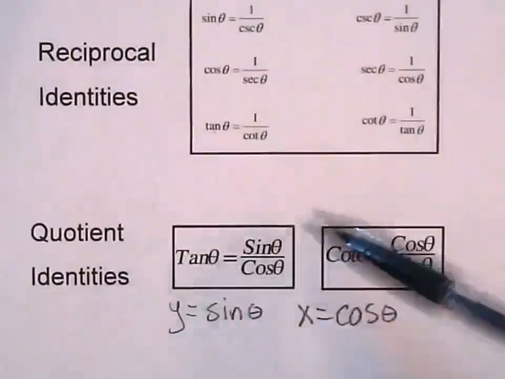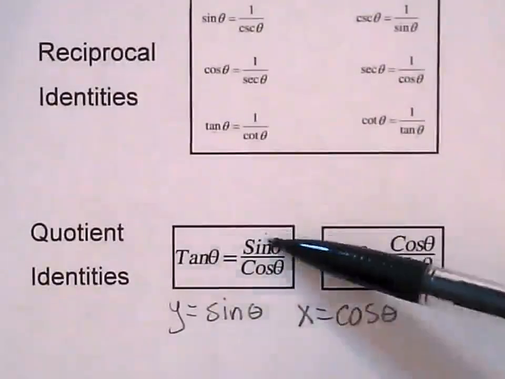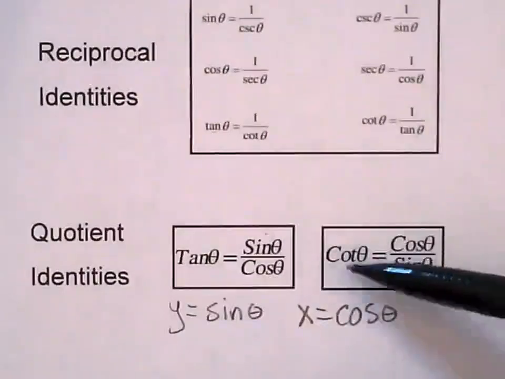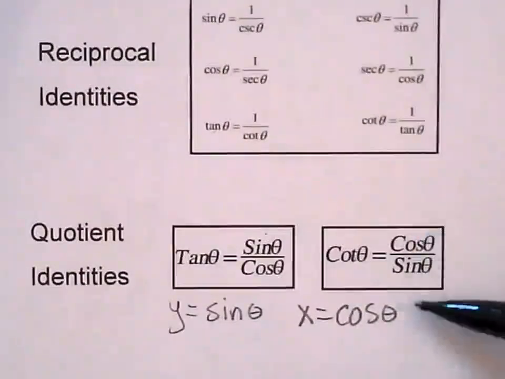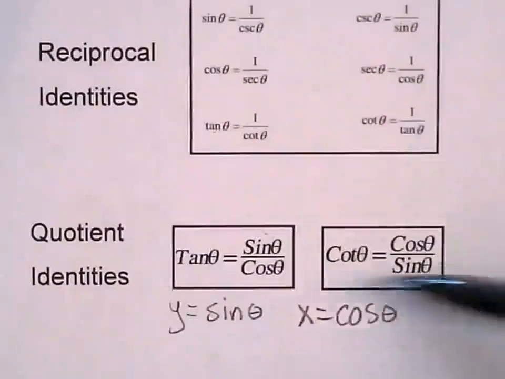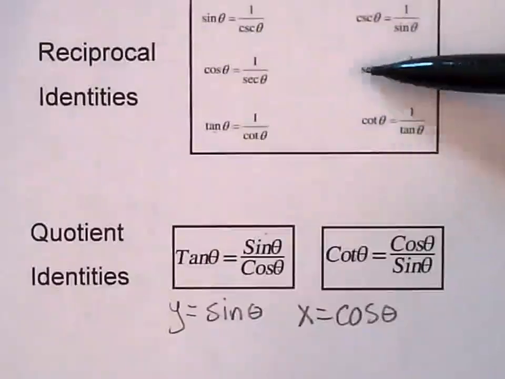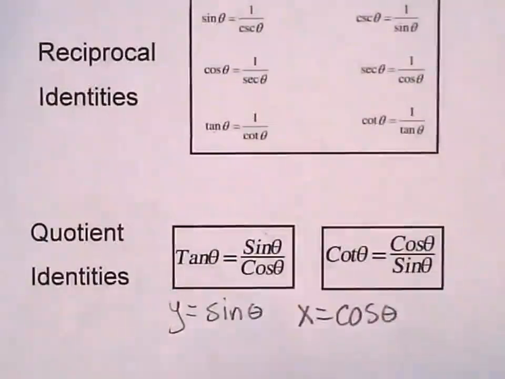And you guys would say it's the y over the x. Well, that's what we're doing. We're doing the y value over the x value. So that's sine over cosine. And then the reciprocal of that, how do you get cotangent? Well, it was the x value over the y value. So all this, once again, is from the unit circle. Stuff up top was from the unit circle. Stuff down here is from the unit circle. And then these are going to be the newest ones.